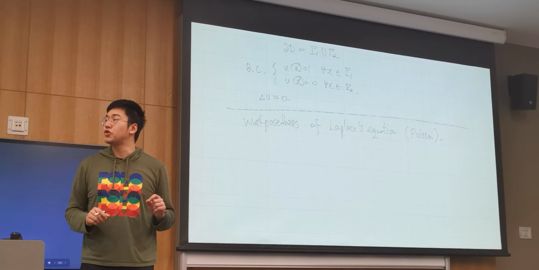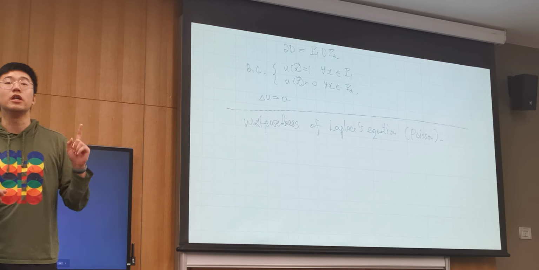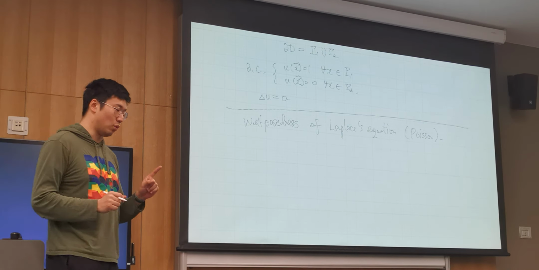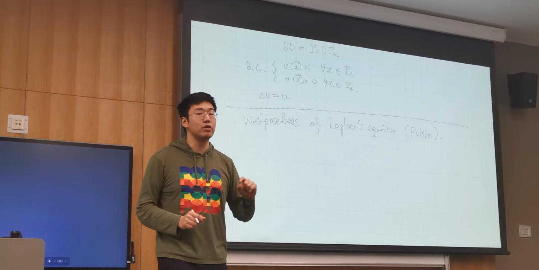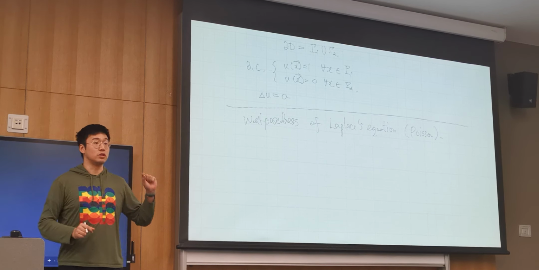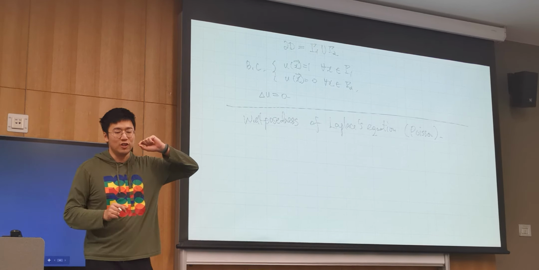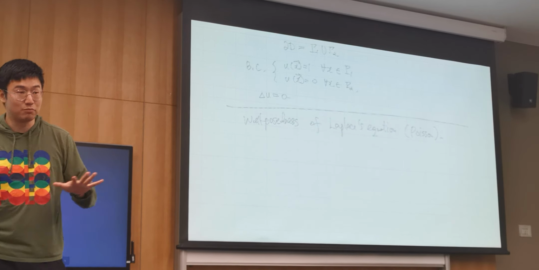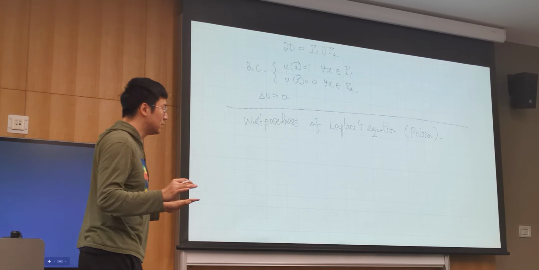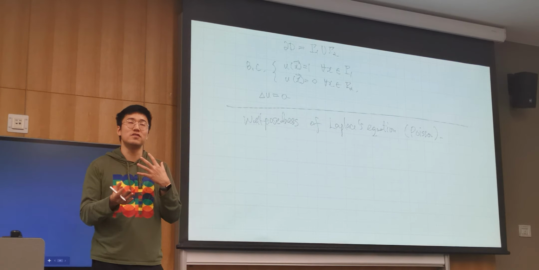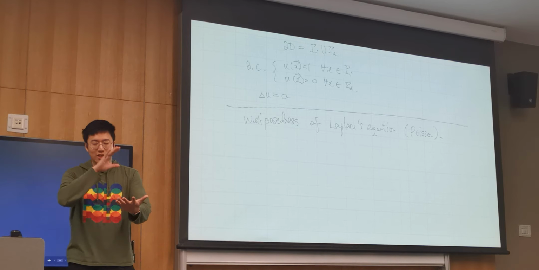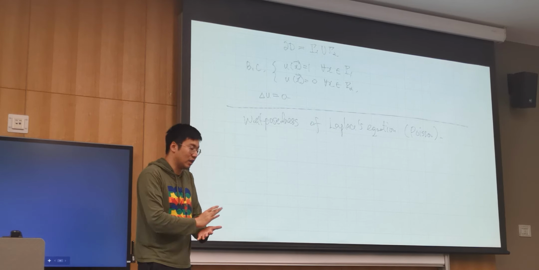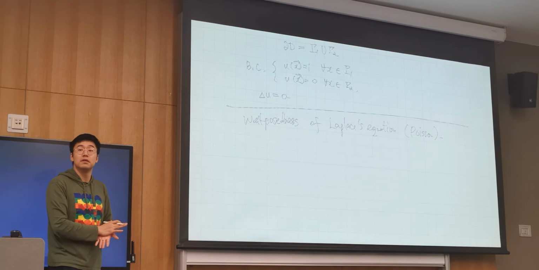We will be establishing one thing that sounds very familiar to you, which is the so-called maximum principle. We derived the maximum principle for the diffusion equation. Now we're going to derive the maximum principle again for the Laplace equation. You are going to see that the flavor of the two maximum principles is very alike, and this is exactly because by solving the Laplace equation, we are solving the steady state of the diffusion equation.